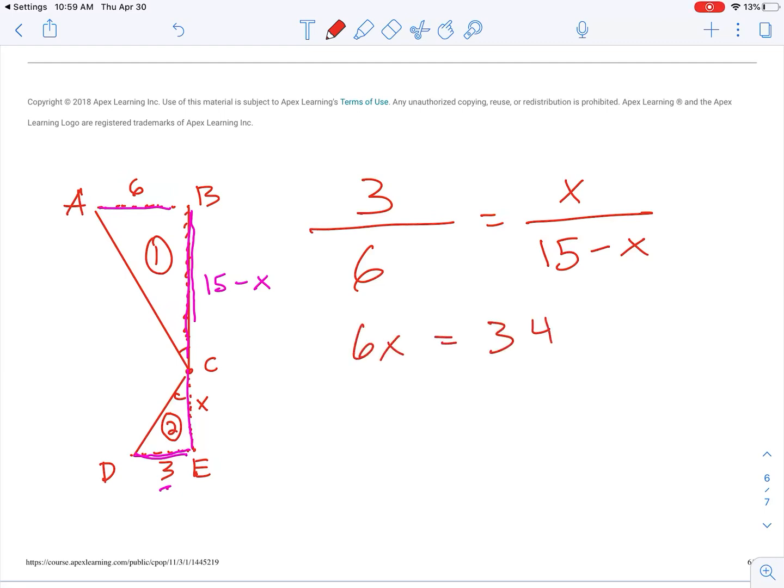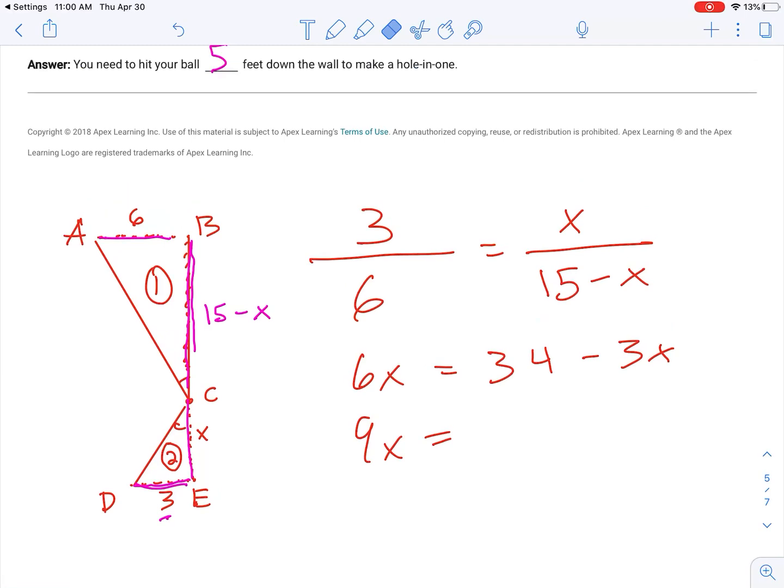And then I would cross multiply and get the same thing that they did. But it's just written a different way. That's not 34, though. This is 45. And I think that way makes a little more sense when I think about it. So hopefully that helps.